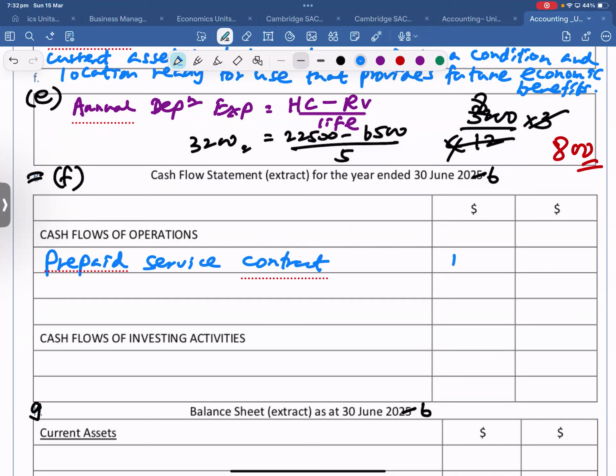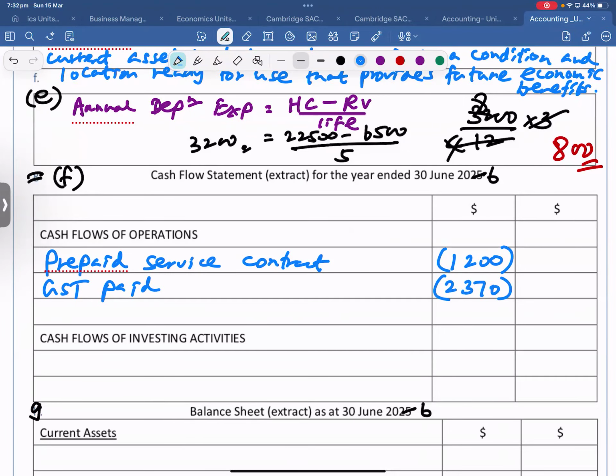Yes, cash. Very good. 1,200. If you want, you can put it within brackets. Payment. Then what else? GST clearing or GST paid? Yes, GST paid. Correct. How much? 2370. Thank you.